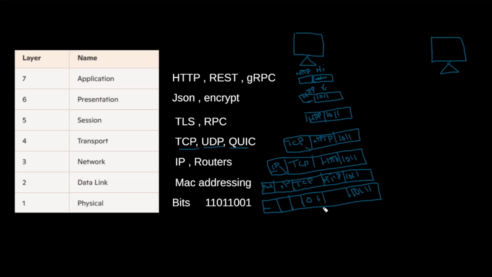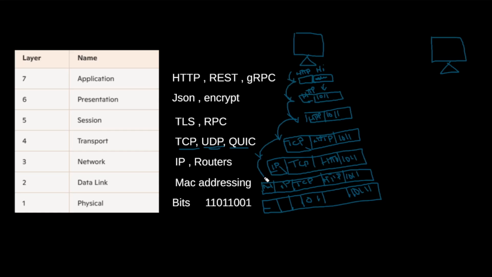So whenever you want to send a hi message from here to here, first it will get here, then it will add the HTTP header, then choose the connection, then choose TCP, UDP, or QUIC based on your use case, and after that it will do the IP routing.